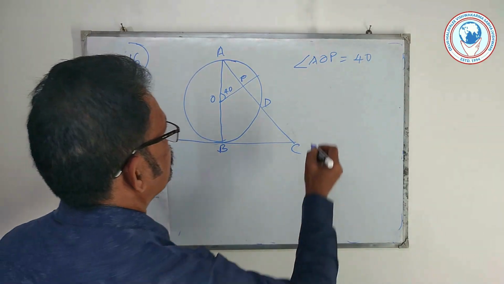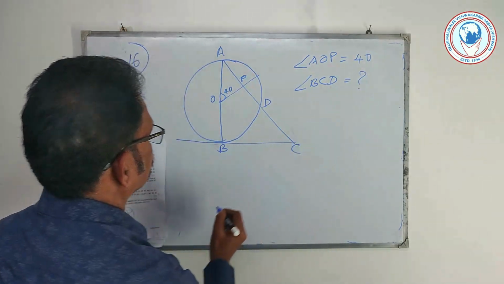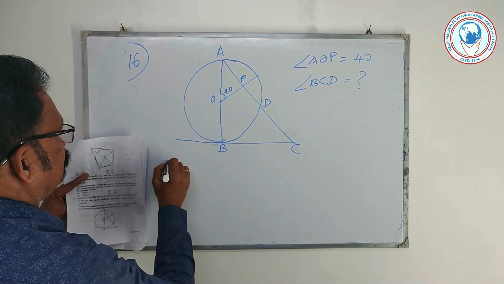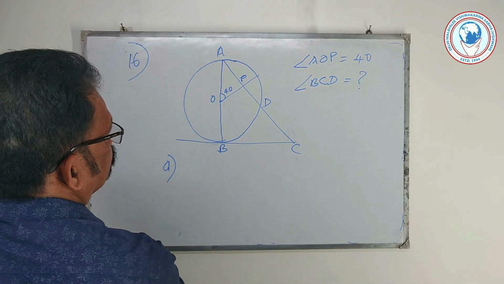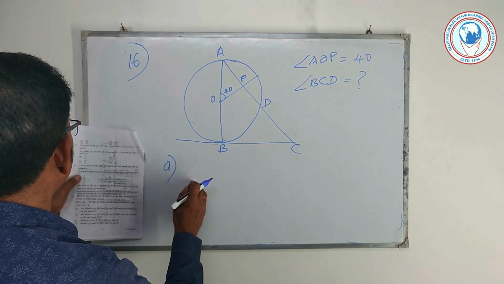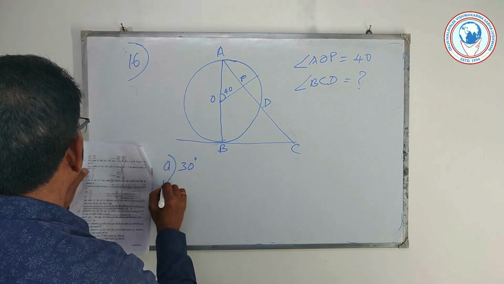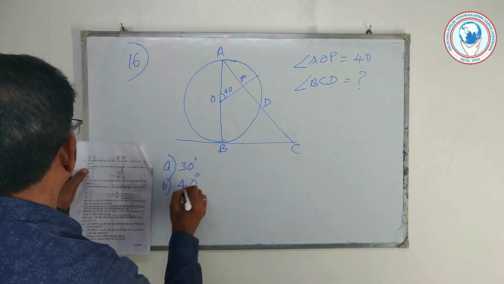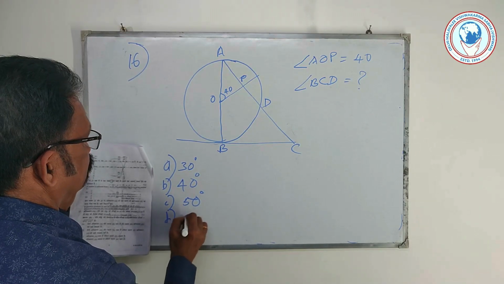Then to find angle BCD. Options are 30 degrees, 40 degrees, 50 degrees, and 60 degrees.